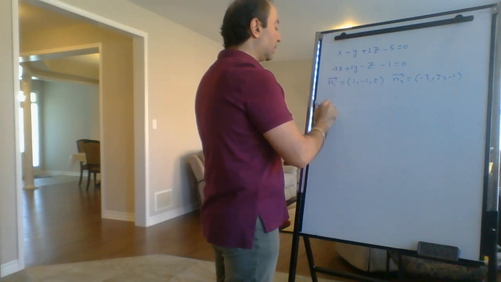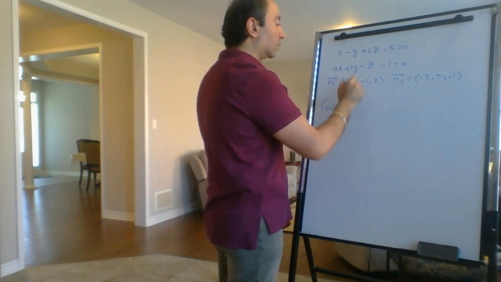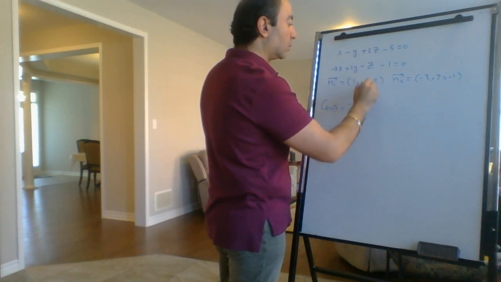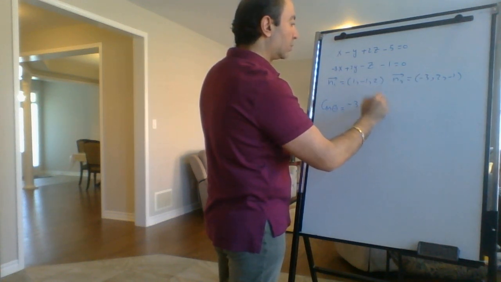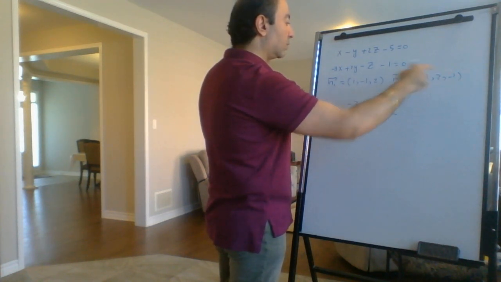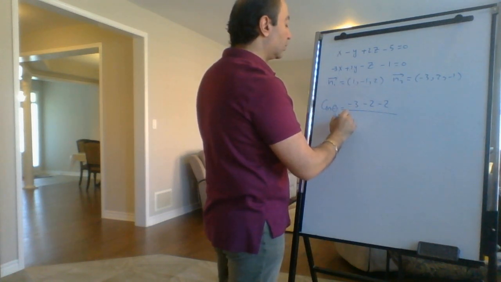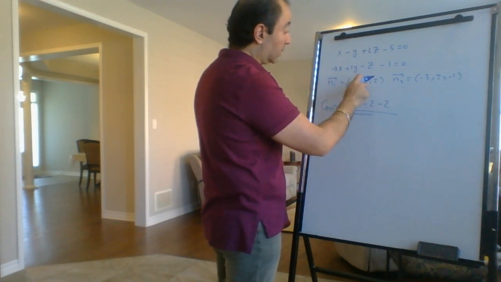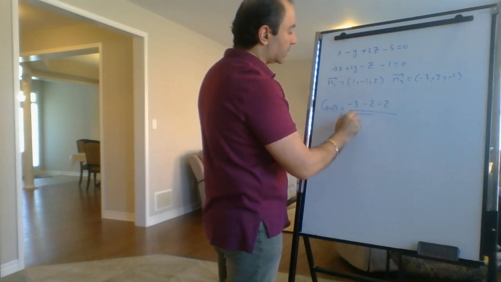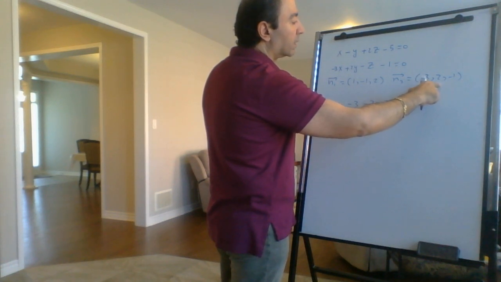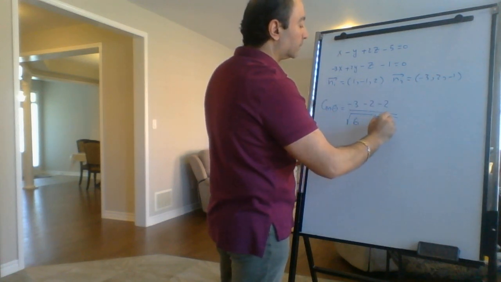So cosine theta will be the dot product: I multiply and add, negative 3 minus 2 minus 2, over the magnitude of the first one, so 1 squared, 1, and 4, so that's square root of 6, times square root of 9, 4, 13, 1, 14.